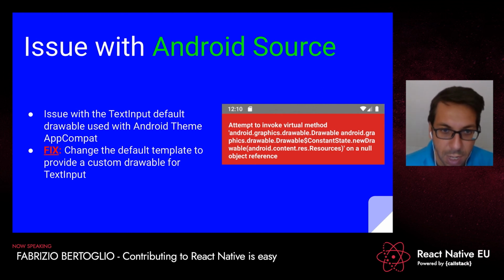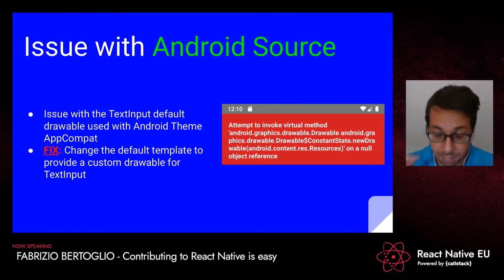When we run this command, by default React Native will use its template. The React Native CLI in this case will use the template to generate a project, and this template uses the Android theme AppCompat.